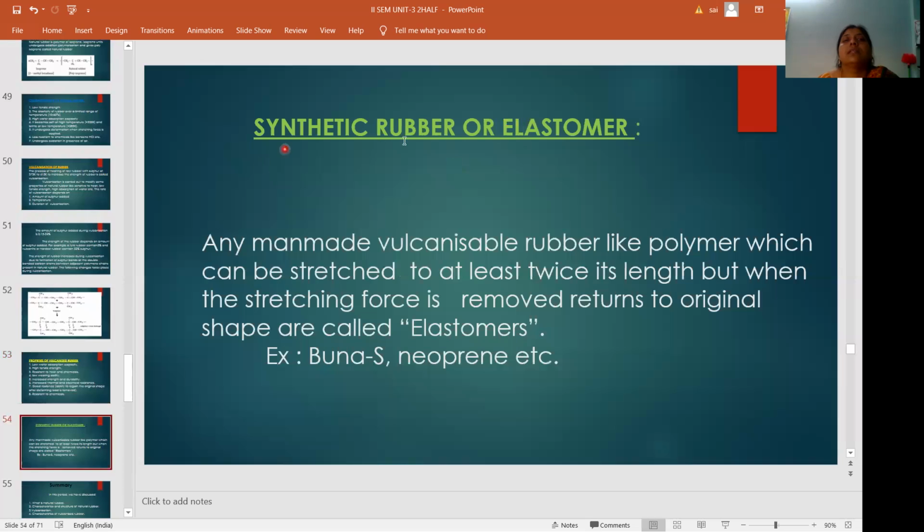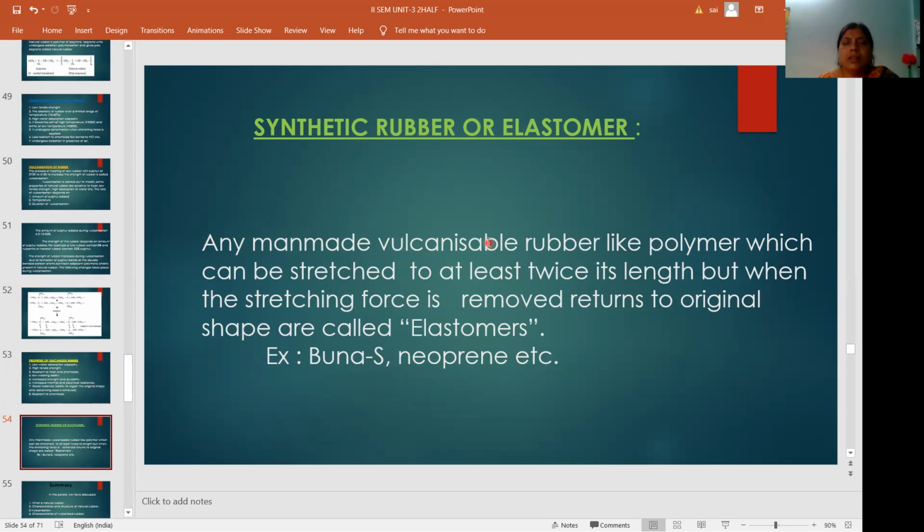Any man-made vulcanizable rubber-like polymer which can be stretched to at least twice its length, but when the stretching force is removed, returns to its original shape, is called an elastomer. Very, very important question for 1 mark: what is an elastomer or what is synthetic rubber? They will ask. So it is a man-made vulcanizable rubber.